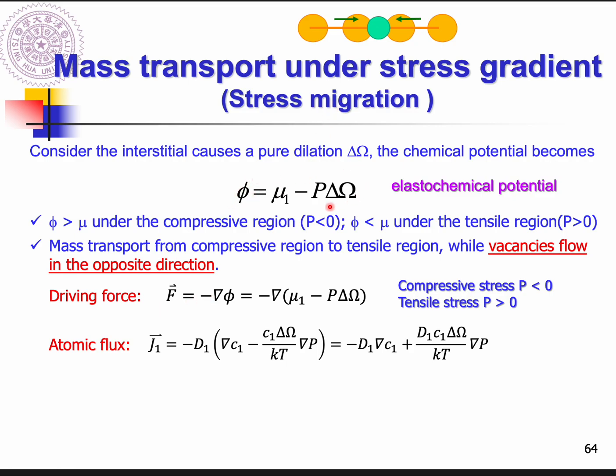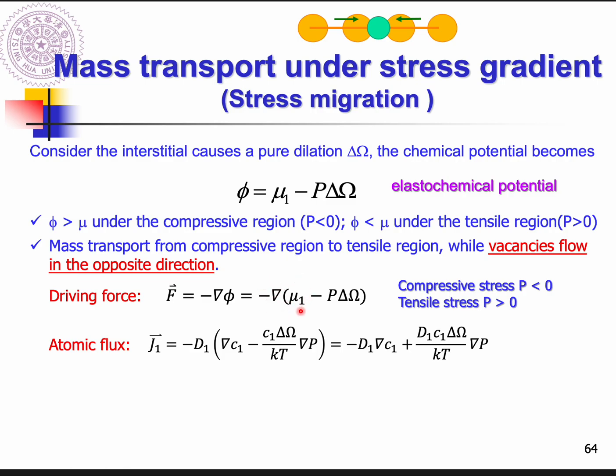So we have a potential, right? Take the gradient and minus, you get the driving force. And just a remark: in the compressive region, stress P is negative; for tensile stress, P is positive. Now you know the driving force, so the atomic flux will be as follows.